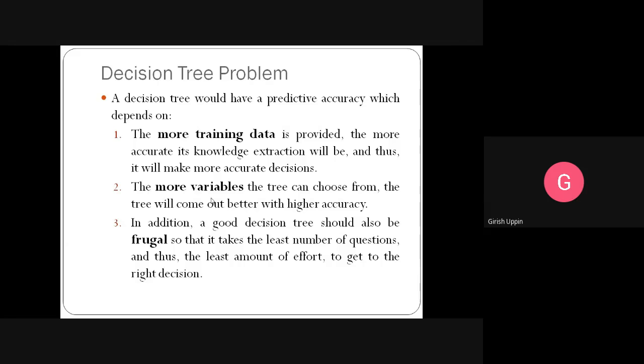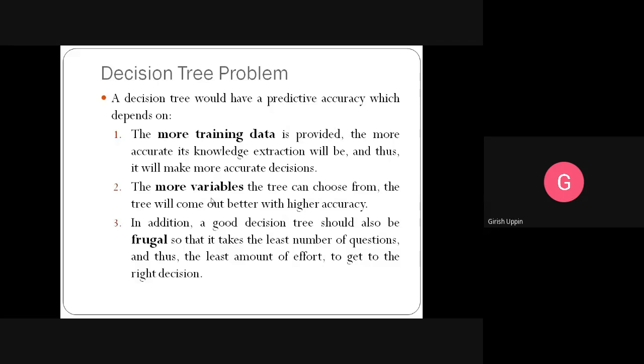In addition, a good decision tree should also be frugal, so that it takes the least number of questions, and thus the least amount of effort to get to the right decision. A large amount of data helps for training our model. More variables are helpful for having more decisive points, which result in very accurate decisions.